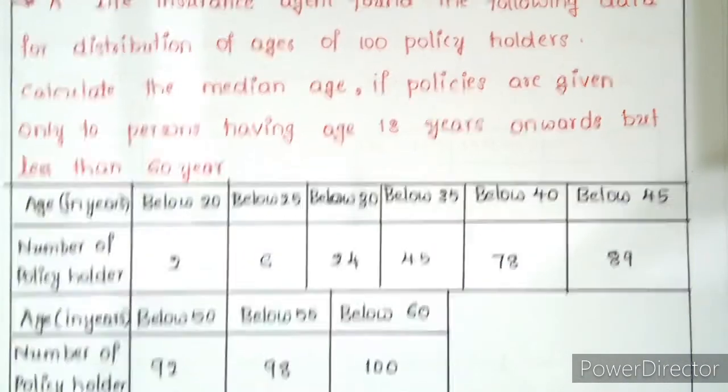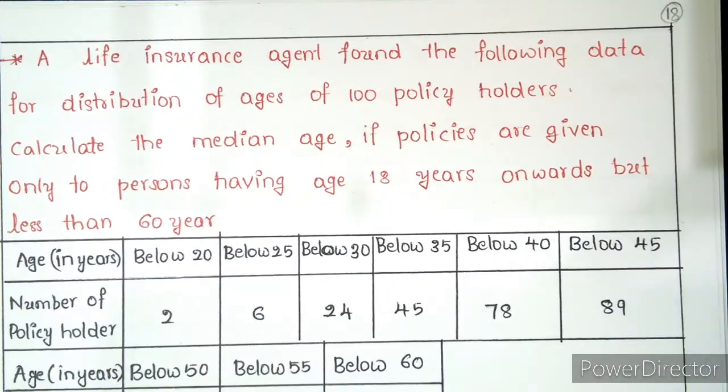Okay, the next question. A life insurance agent found the following data for distribution of ages of 100 policy holders.